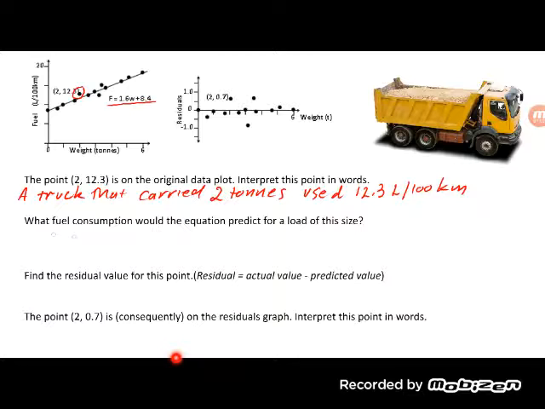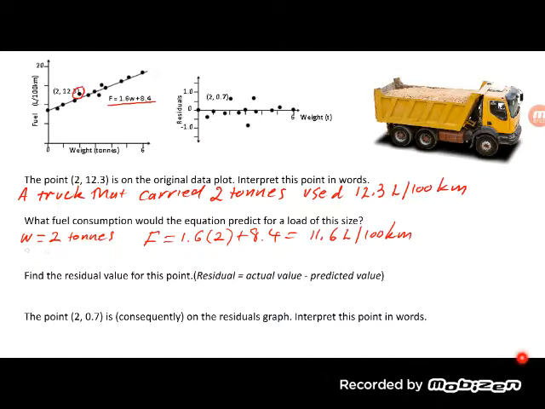Here we've got that the weight, W, is 2 tonnes, so we're simply going to substitute that into our equation. F equals 1.6 by 2 plus 8.4, which gives us a fuel consumption of 11.6 litres per 100 kilometres.